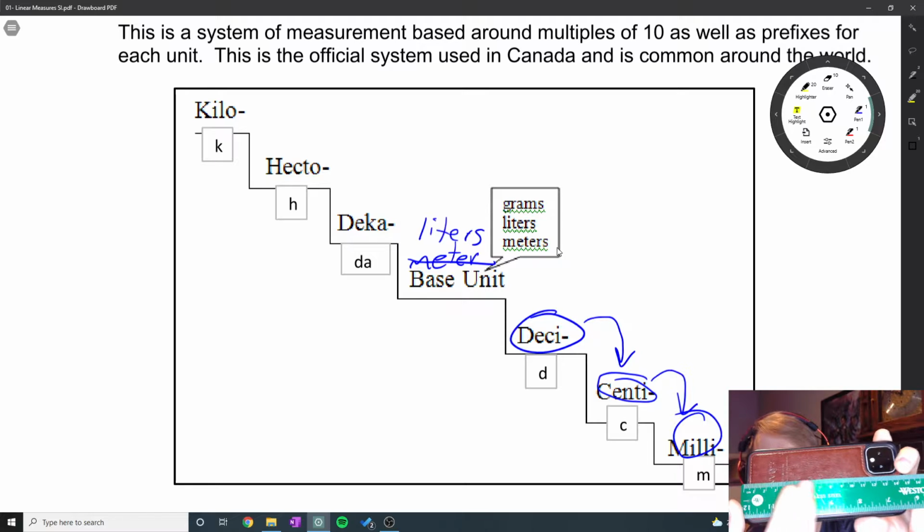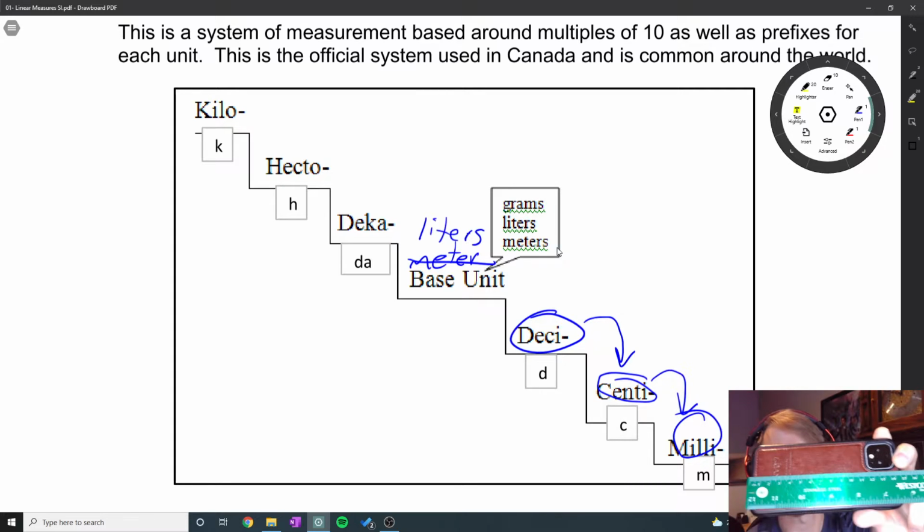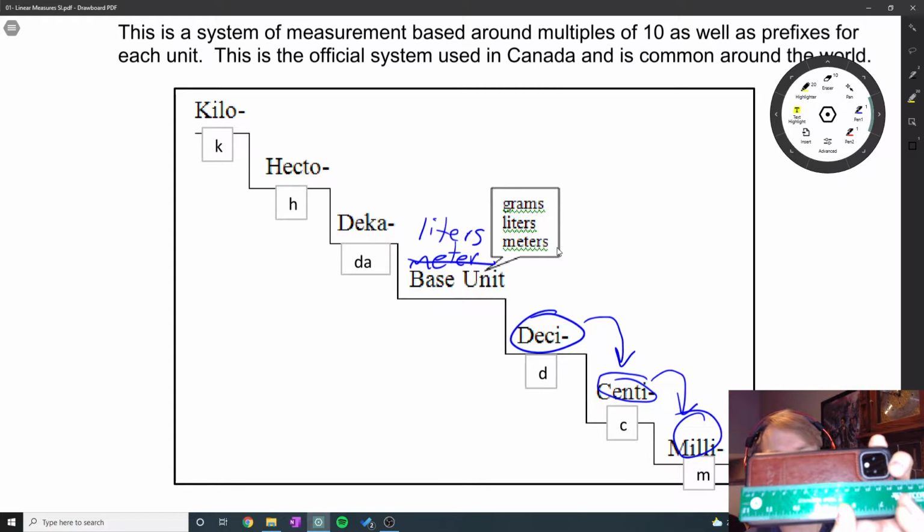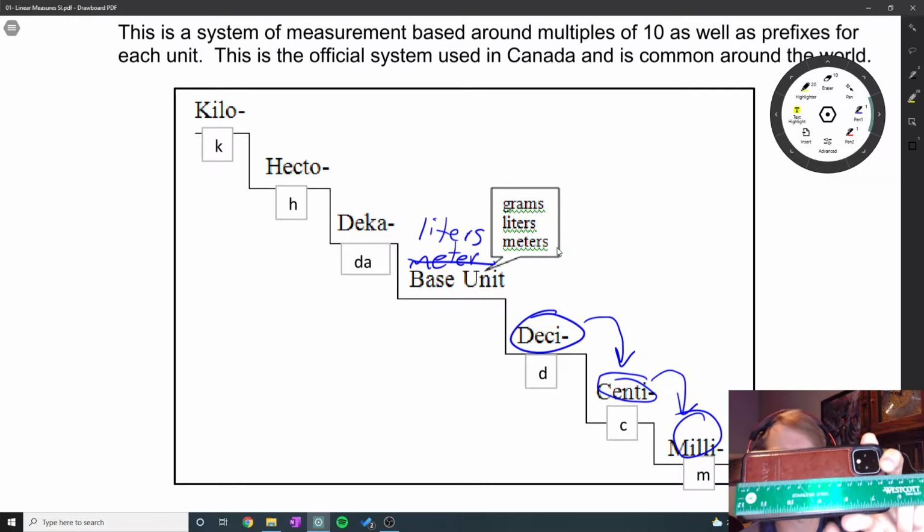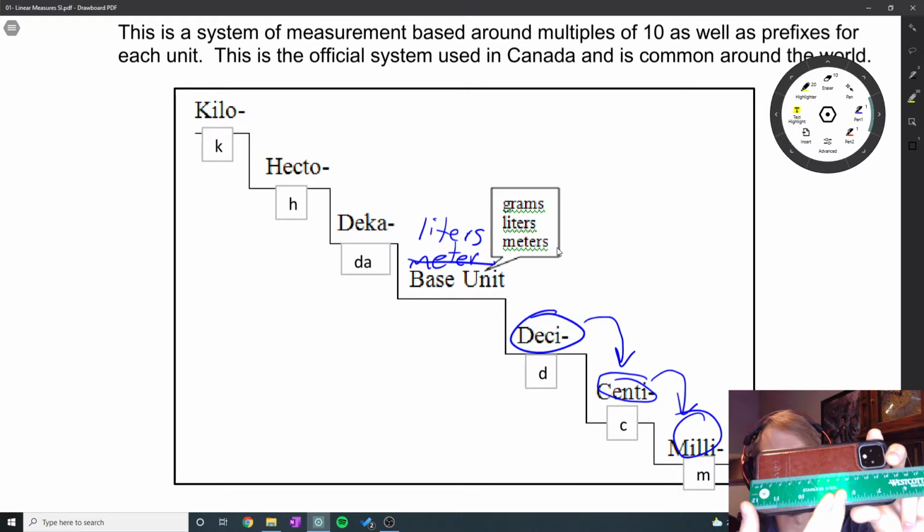So 10 centimeters would be 1 decimeter. Then we would say that my phone would be 1.5 decimeters across. Our unit has gotten 10 times bigger, so we need less of them. If we have small units, we need a lot of them. If we're using bigger units, we don't need as many.